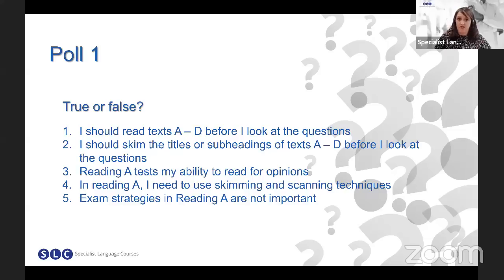Number 2, I should skim the titles or subheadings of text A to D before I look at the questions. Number 3, reading A tests my ability to read for opinions. 4, in reading A, I need to use skimming and scanning techniques. And 5, exam strategies in reading A are not important.